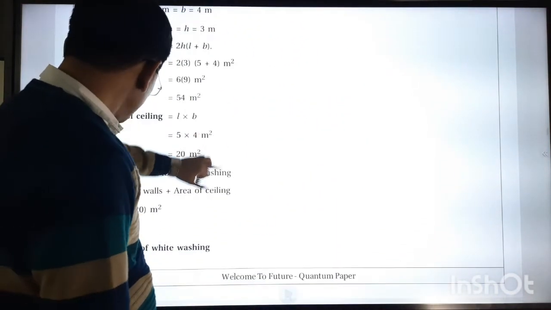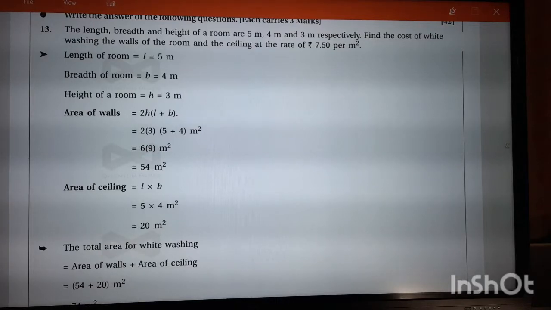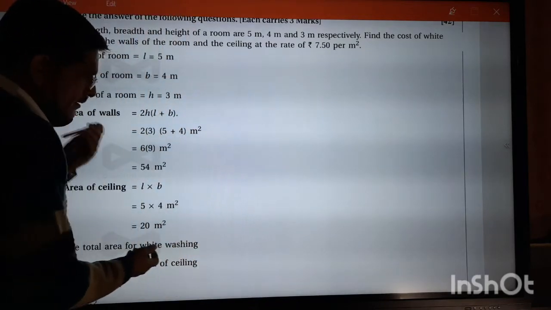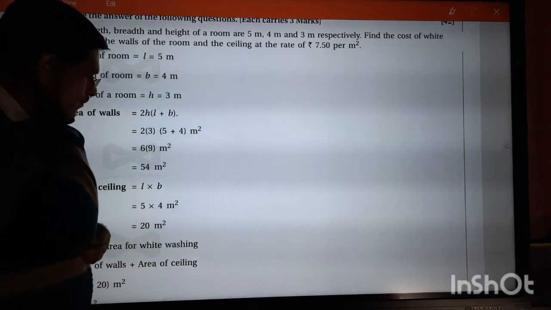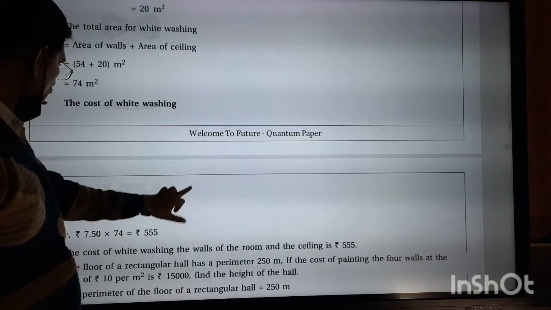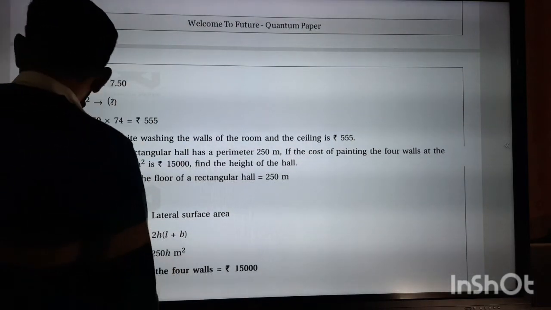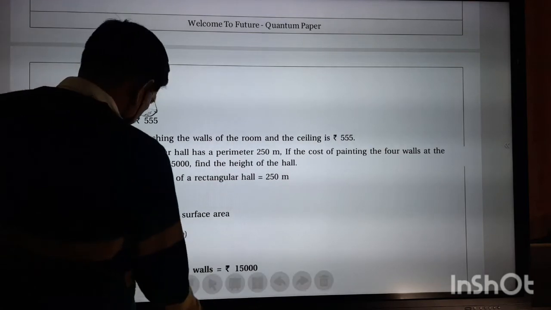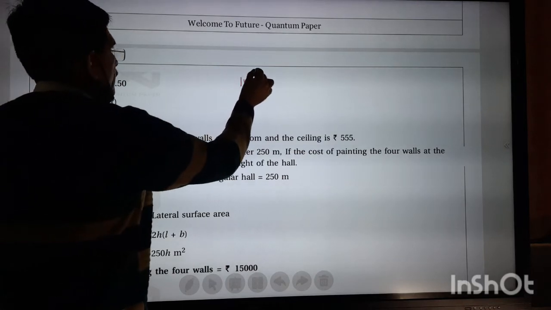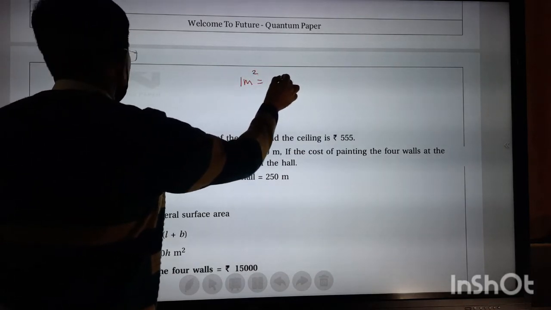Let me see whether your answer is correct or not. I have already discussed these sums, but now we go for more. 1 meter square costs 7.5.